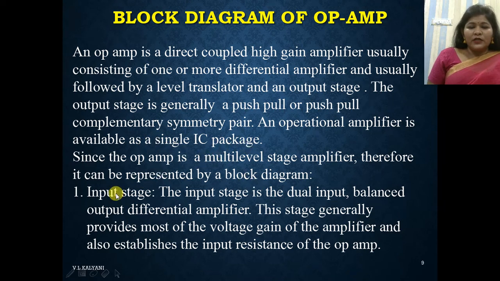The first term is represented as the input stage. The input stage is the dual input balanced output differential amplifier. This stage generally provides most of the voltage gain of the amplifier and also establishes the input resistance of the op-amp.